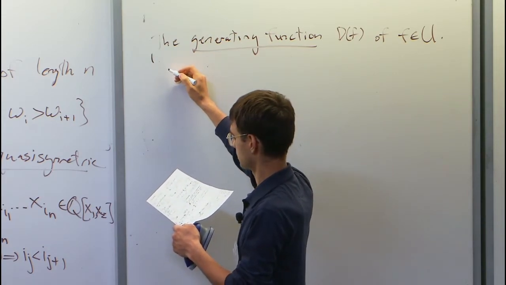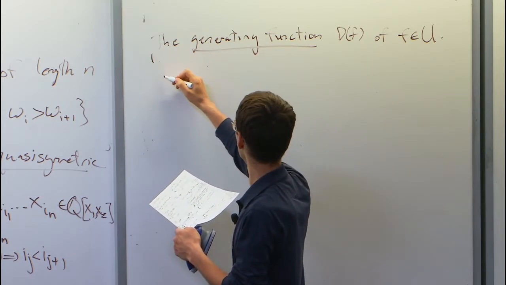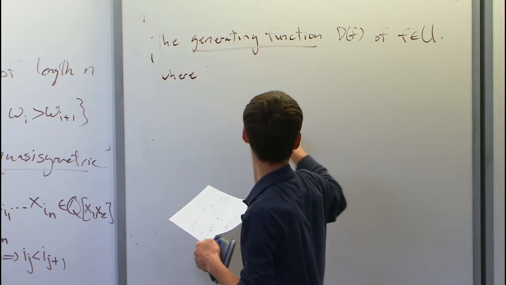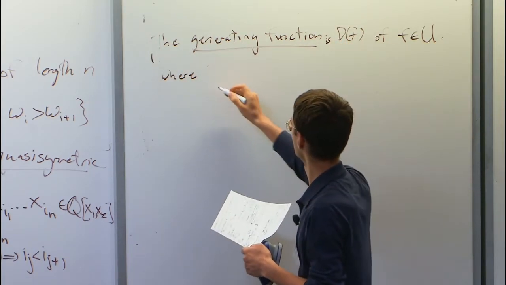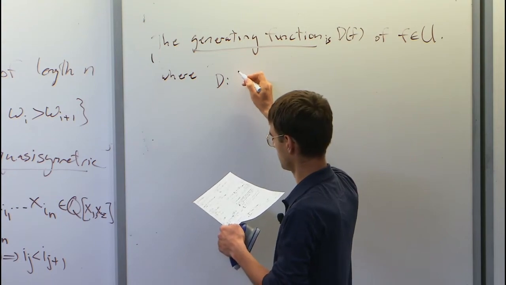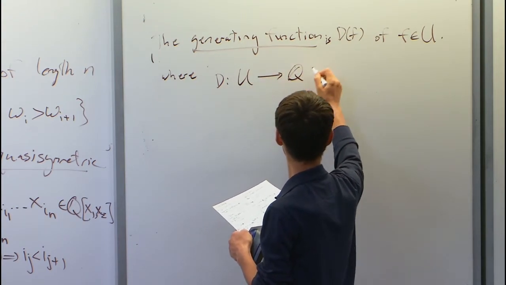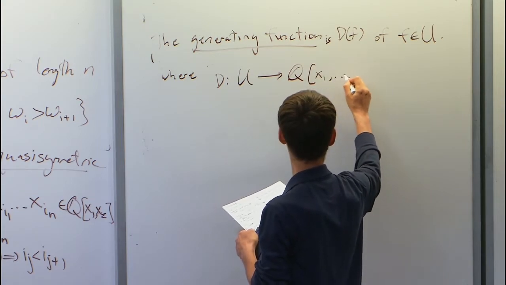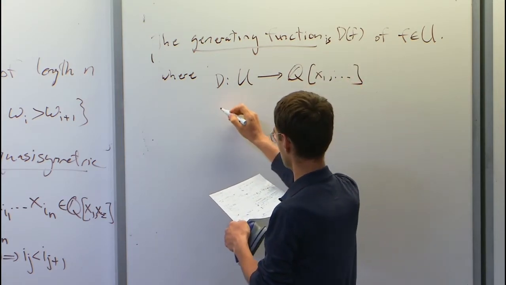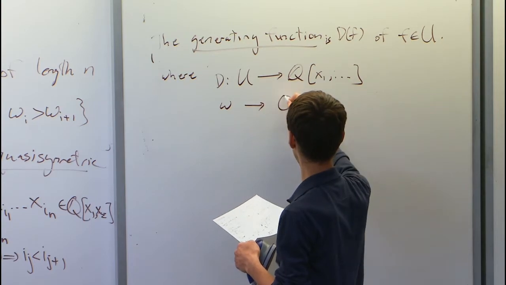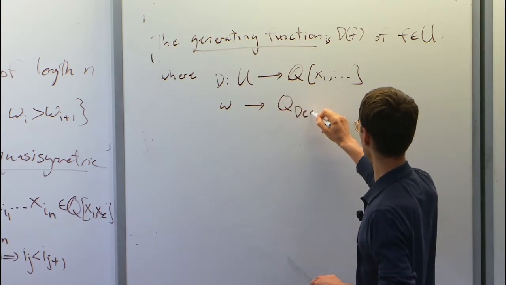D is the map from my non-commuting algebra U to the polynomial ring, which just takes W and sends it to this quasi-symmetric function.